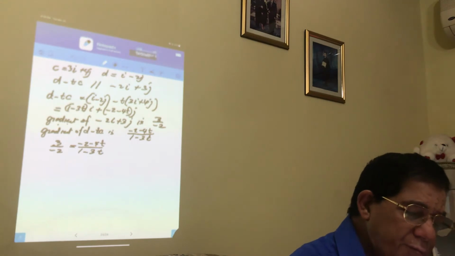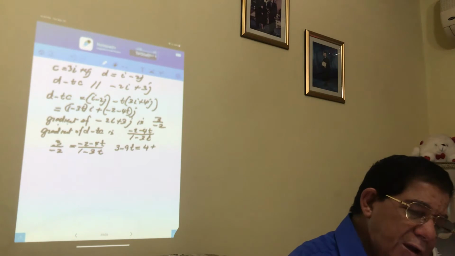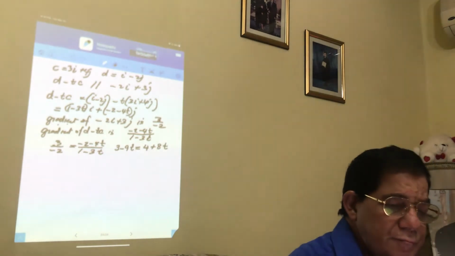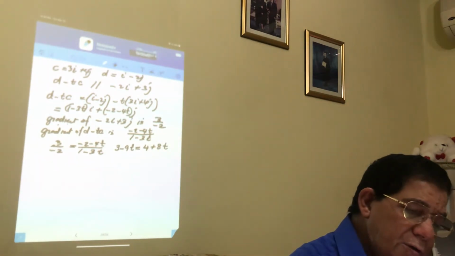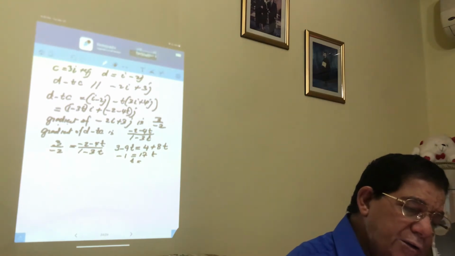Cross multiplication, we will have 3 minus 9t equals 4 plus 8t. So we get negative 1 equals 17t, so t equals negative 1 over 17.